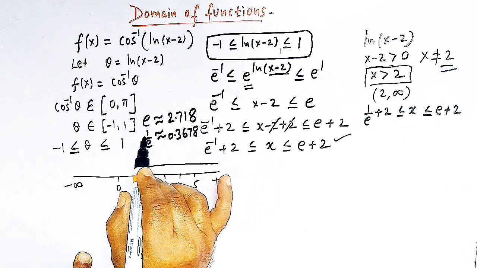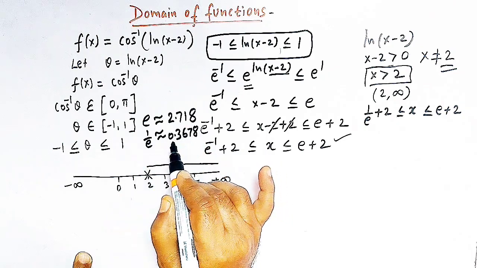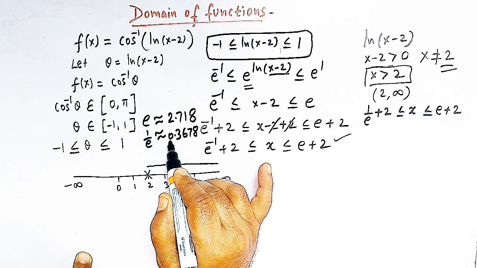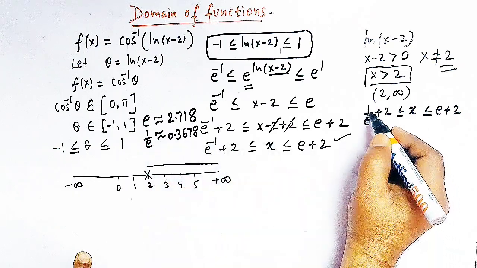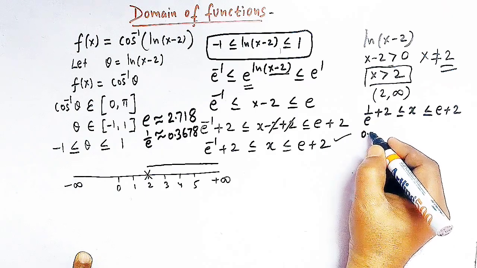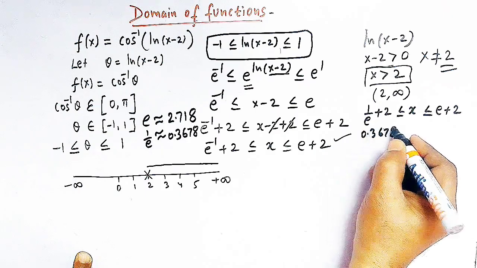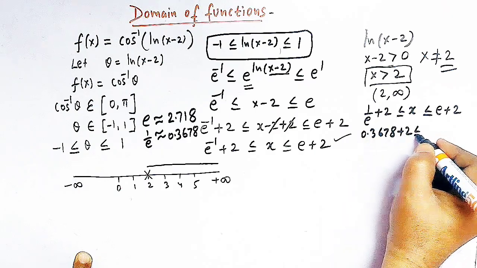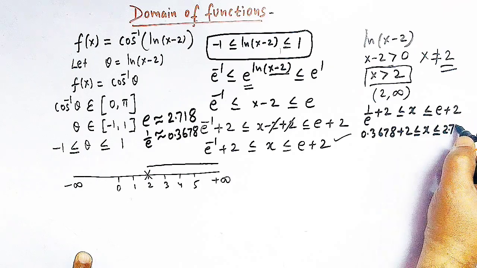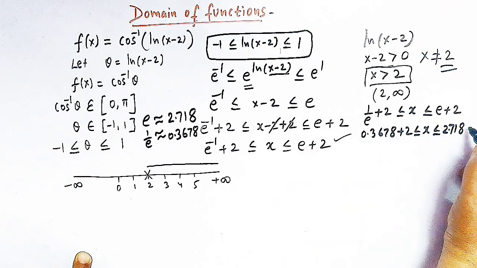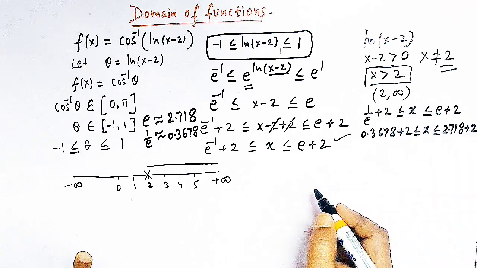So we can divide 1 by e and we can get the approximate value as 0.3678. So here 1 over e is 0.3678, and here we have 2, and then we have x, and here we have 2.718, and here we have 2, right?